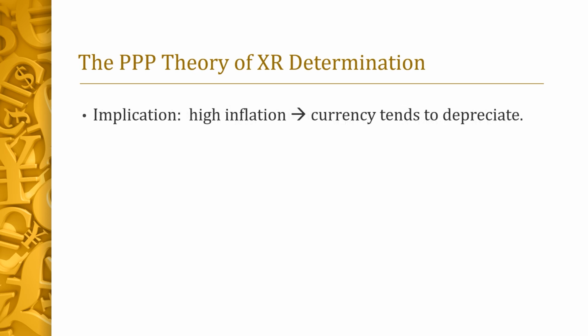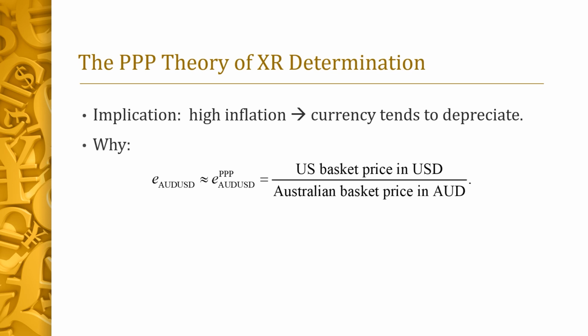An important implication of the PPP theory is that a country that has a persistently high inflation rate relative to other countries must eventually see its currency fall in value. To see why, recall that ePPP is defined as the ratio of the US basket price in US dollars to the Australian basket price in Australian dollars.